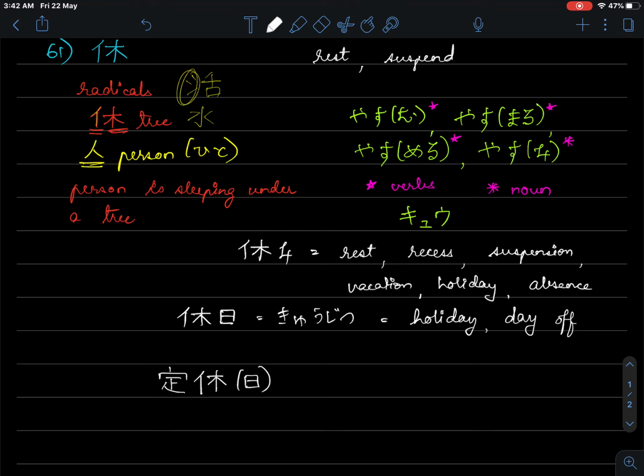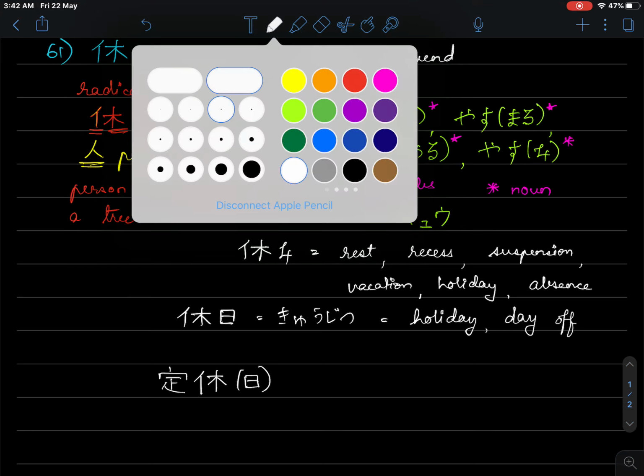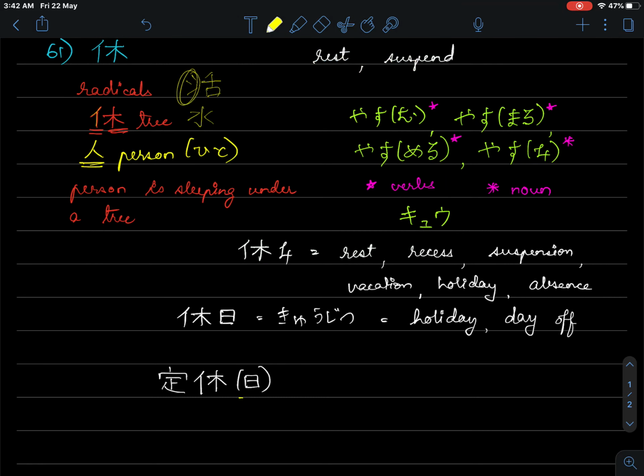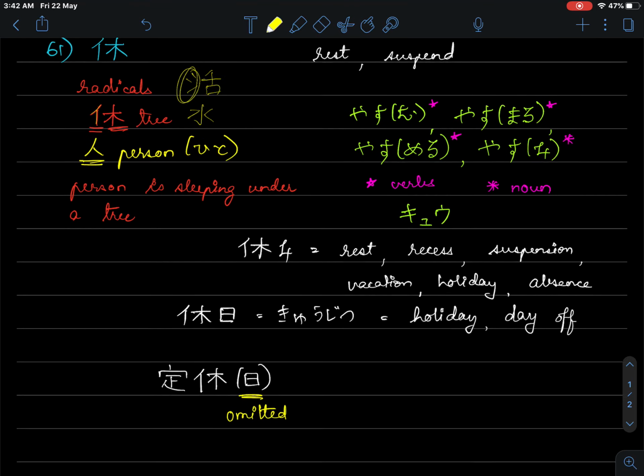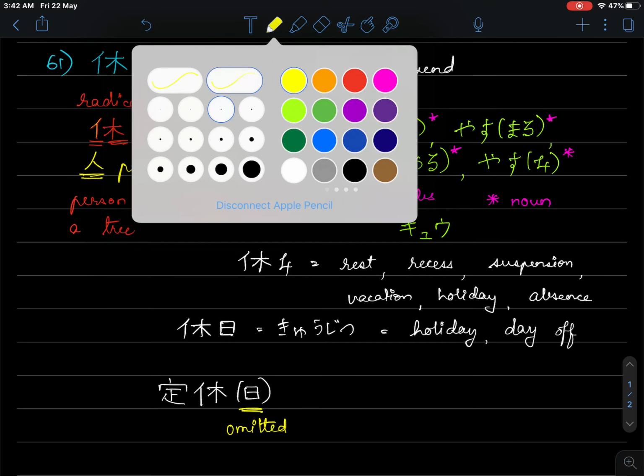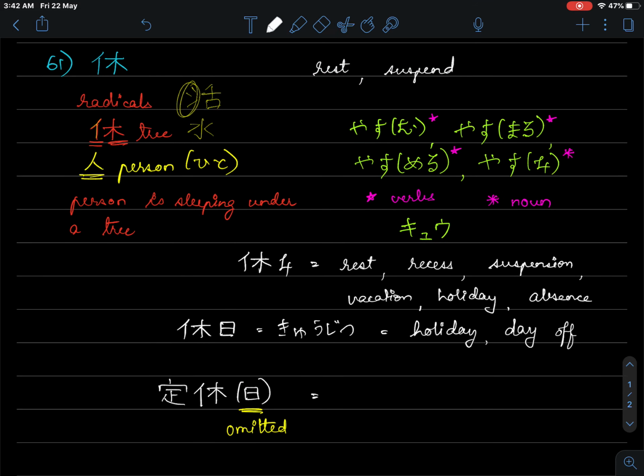Now here the parenthetical means that it can be omitted. So this is going to be read as teikyu, and if you must voice the last kanji which is omitted, usually you can read it as bi and not jitsu. It is going to be teikyu.